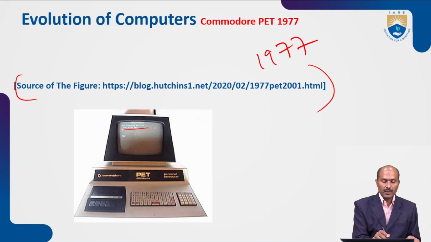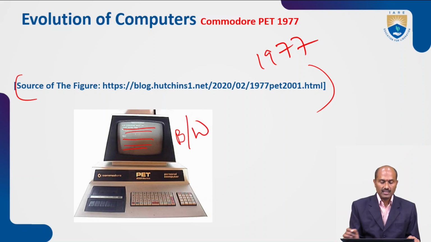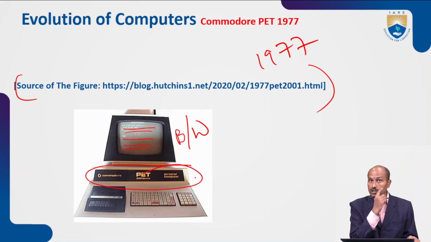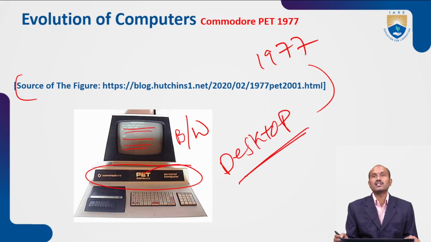This computer displays in the monitor in black and white. This is a black and white monitor we see here. This is the PET version also we see here. This also occupied a large space, but here we see an entire desktop picture. It was invented in 1977.